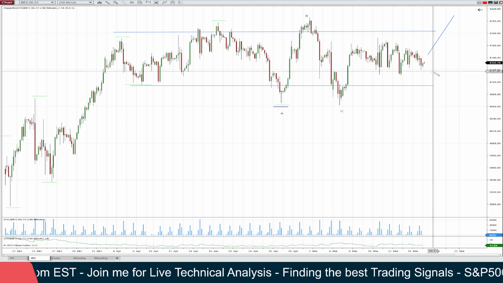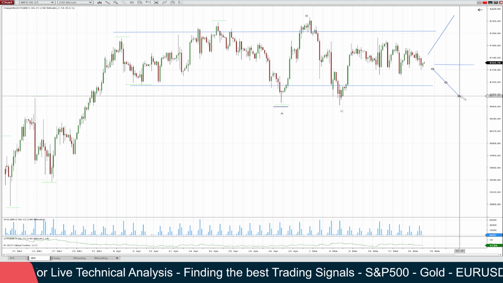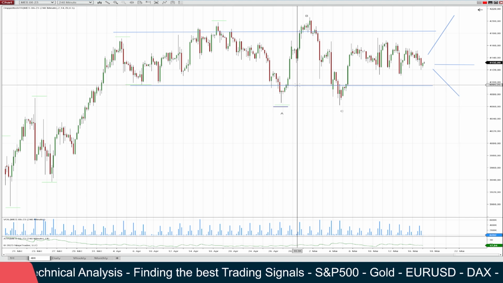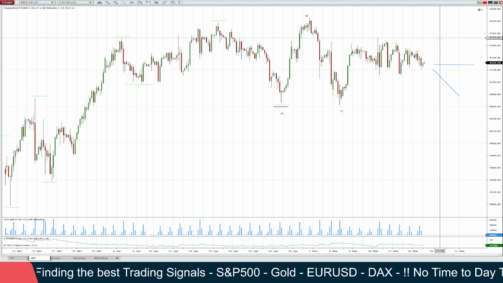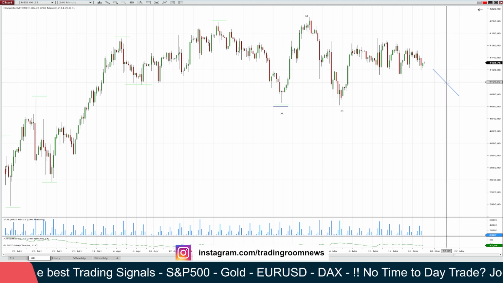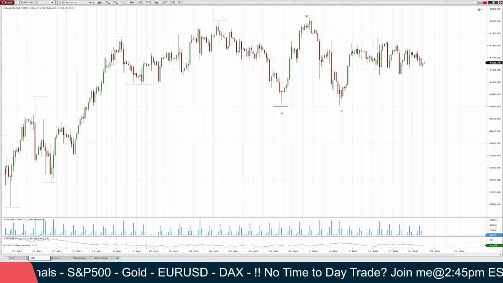It could also easily just move on sideways or break lower. So that's about it. Nothing new. Unfortunately, the S&P really went out of steam.